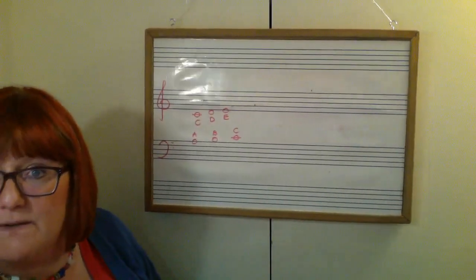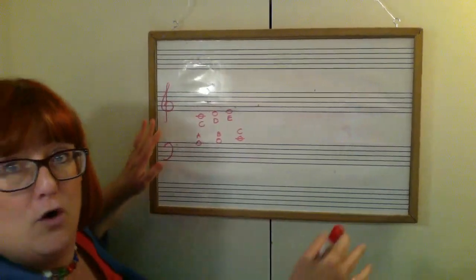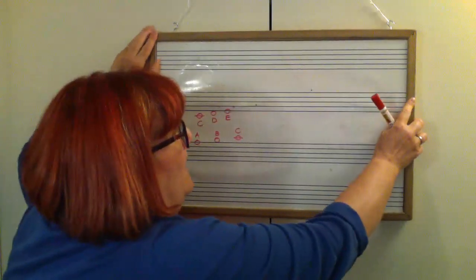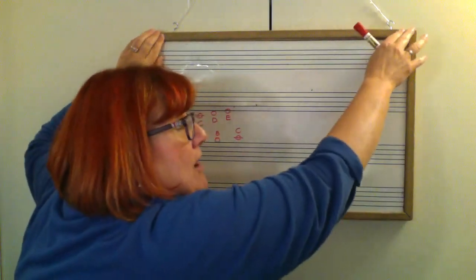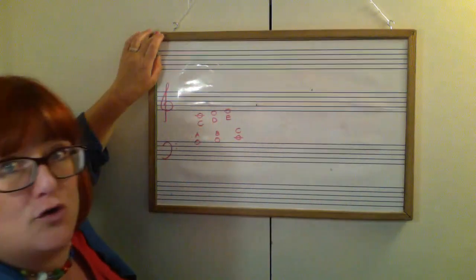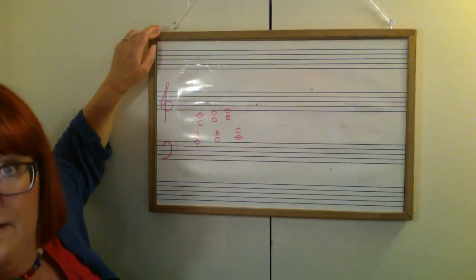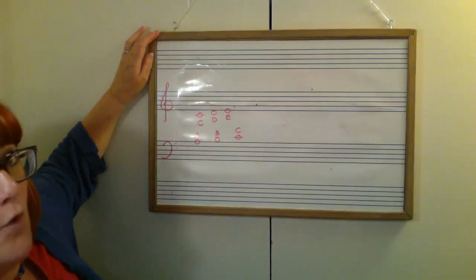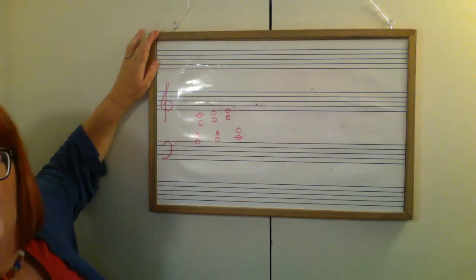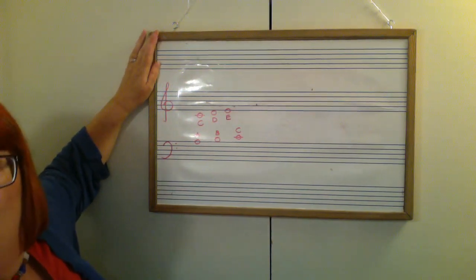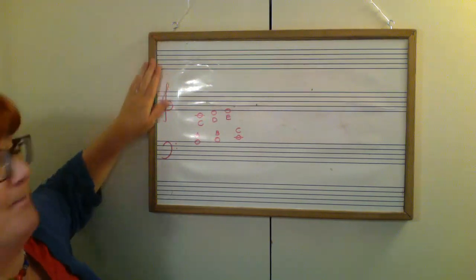Just like numbers are either always odd or always even. You can't have a number that's not odd or even. And if it's got a 1 on the end, it's always going to be an odd number. If it's got a 4 on the end, it's always going to be an even number.